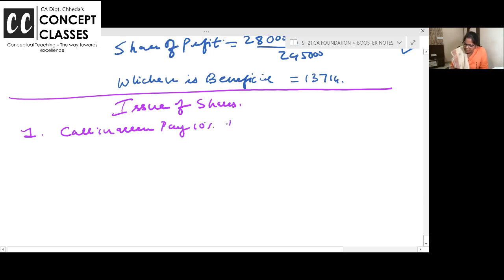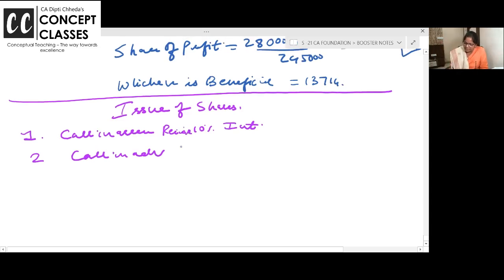Sorry, write it the other way round. We write from the company's viewpoint. On call in arrears we will receive 10% interest. On call in advance we will pay 12% interest.